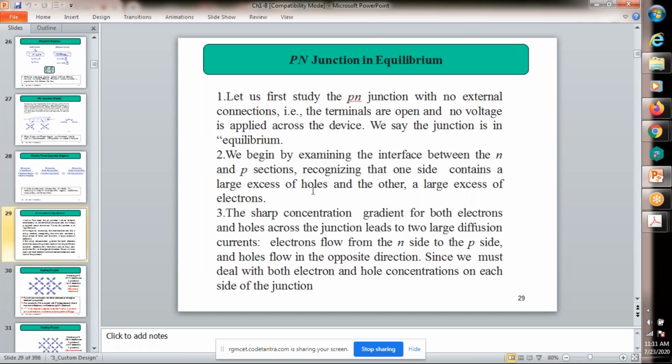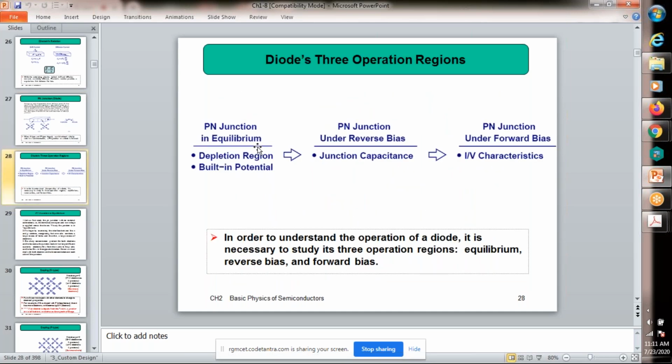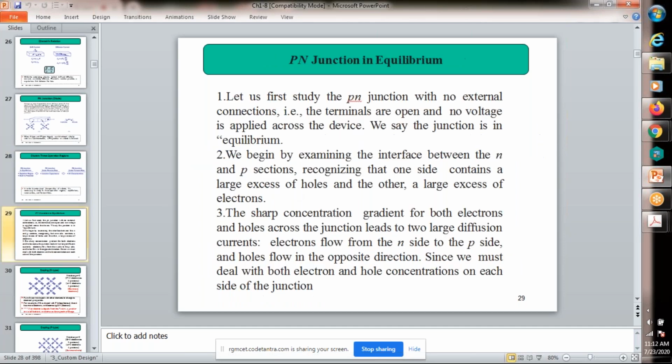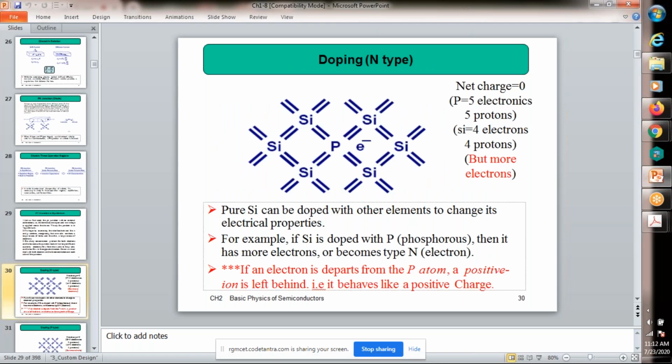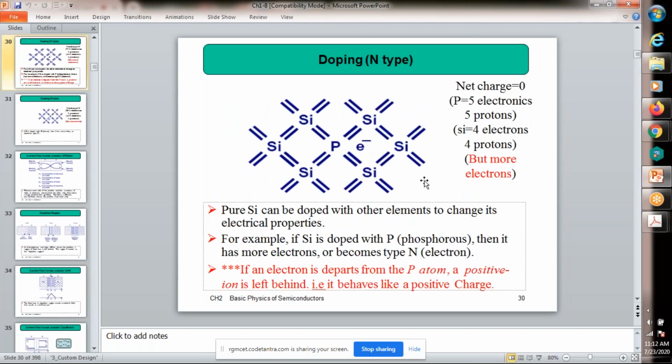And the PN junction we mainly discuss in three regions. One is the equilibrium region, second reverse bias, and third forward bias. Three cases. We already started with the equilibrium state. And also we know this concept: the entire crystal net charge is equal to 0.